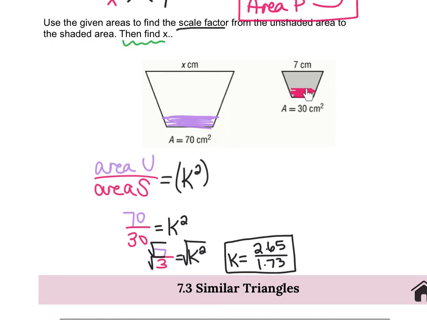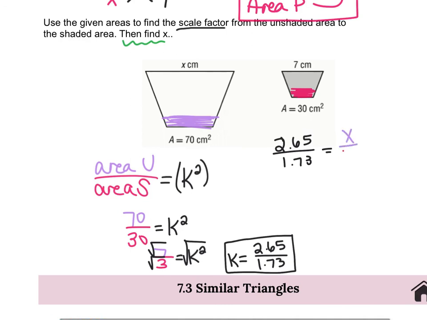Now the last thing we need to do is find that missing side, x here. Our scale factor was set up in terms of purple over pink, or unshaded to shaded. So we're going to say 2.65 over 1.73 will equal x over 7.